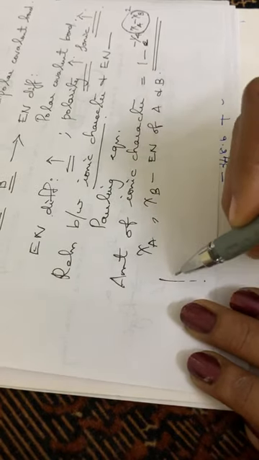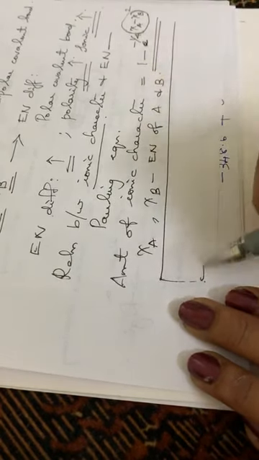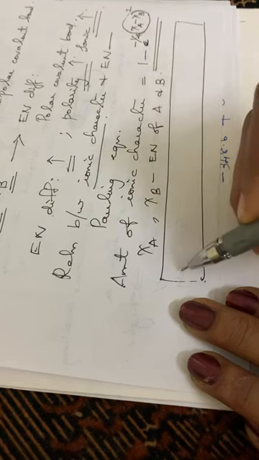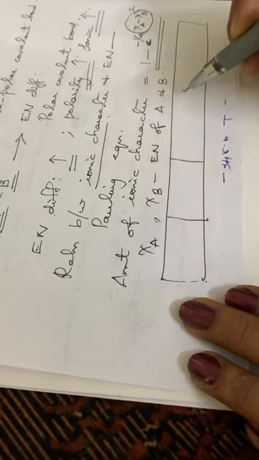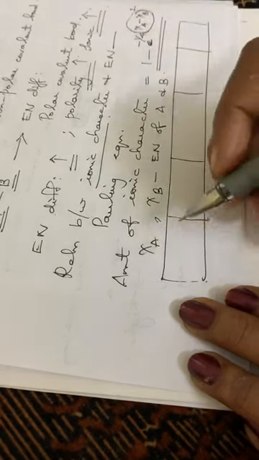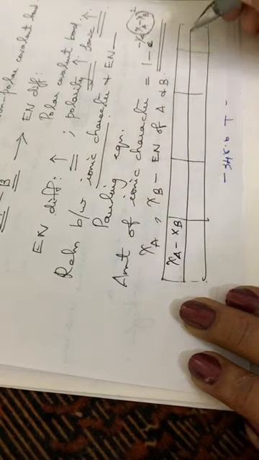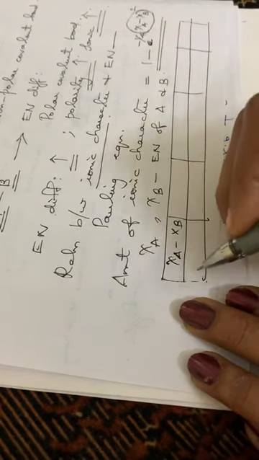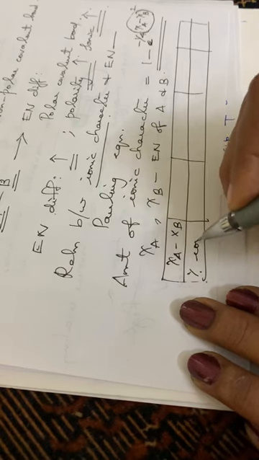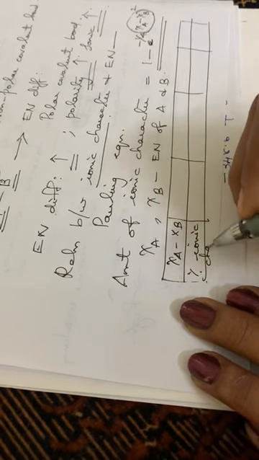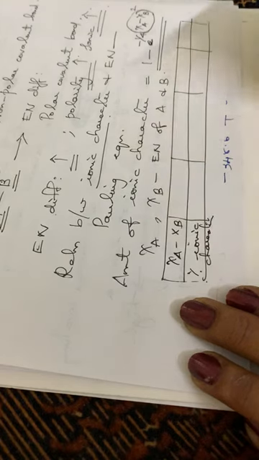So in a table, we can write this electronegativity difference briefly. This is chi a minus chi b, the first row, and the second row is percentage of ionic character.